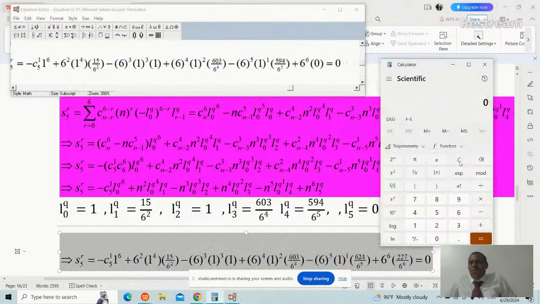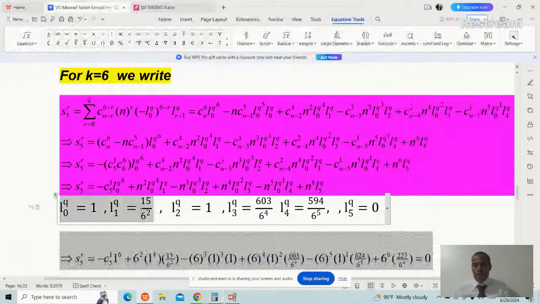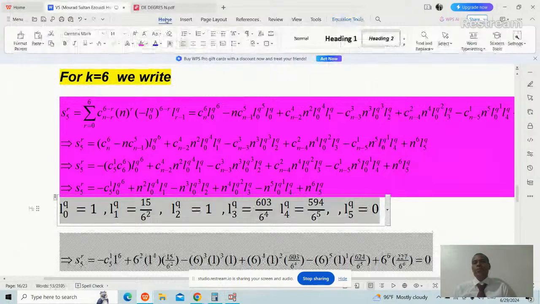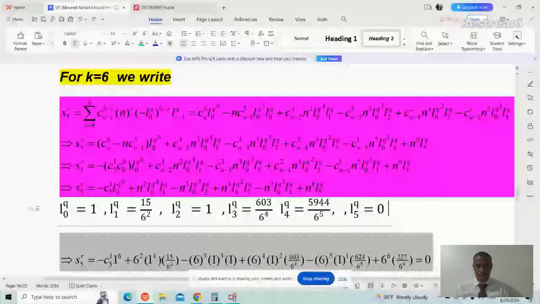We have, learners, Bismillah. So we told that we'll calculate now S5.